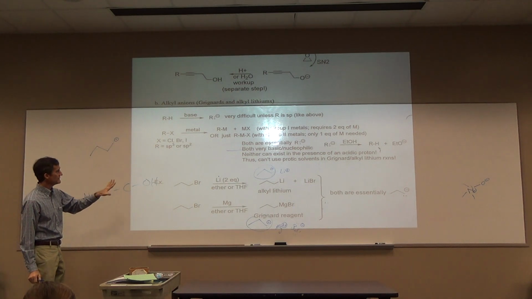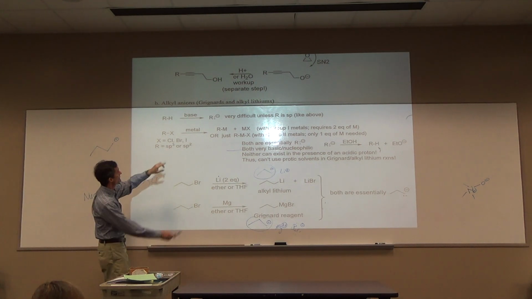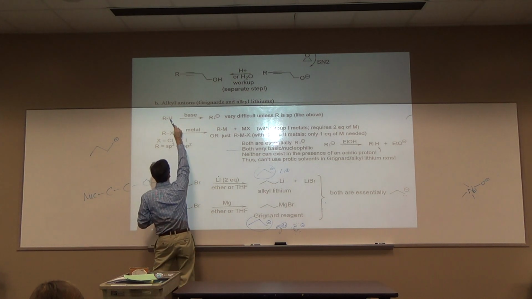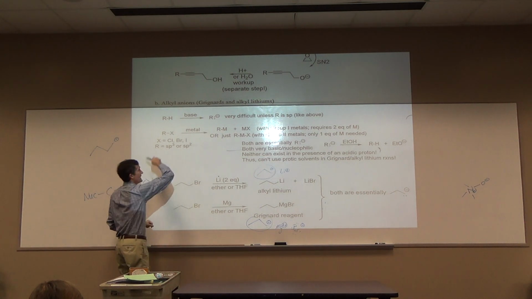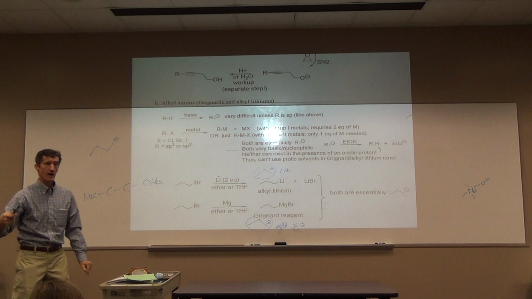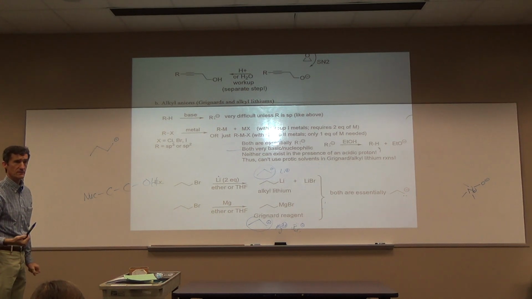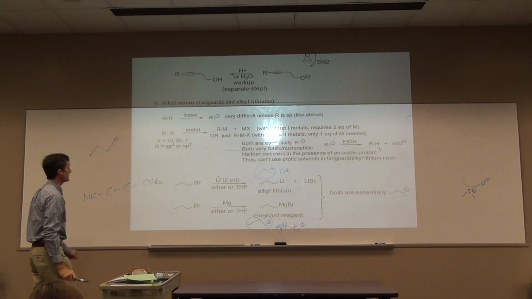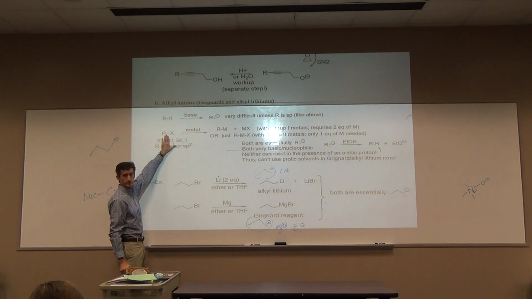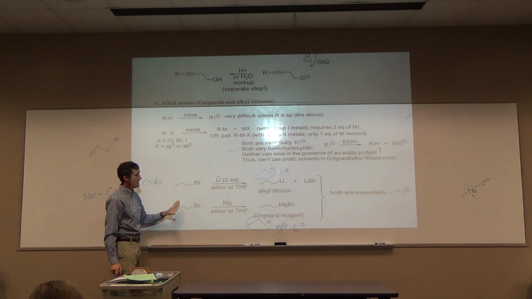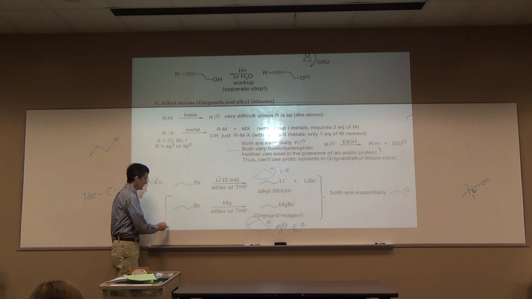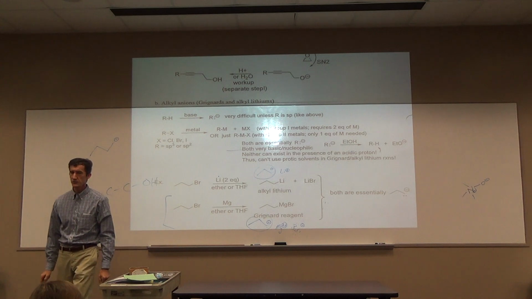And so we didn't make this by removing an H. Removing an H is very difficult. Instead, we did this sort of tricky oxidative addition chemistry using a metal, and we started with an alkyl halide. Now, the lithium is commonly done, but what I was referring to changing your life is the Grignard reagents.